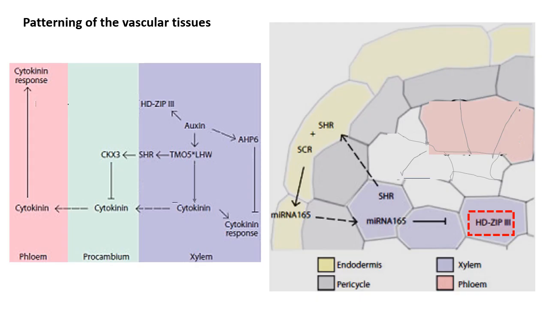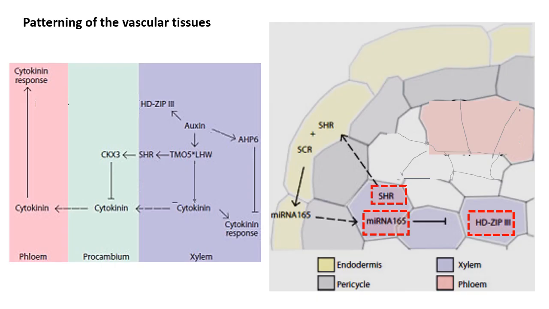The activity domains of HD-ZIP3 transcription factors in the roots are regulated through the activity of microRNA 165, where microRNA 165 moves from its site of synthesis in the endodermis to restrict the HD-ZIP3 transcription factor, as shown in the figure, to the central stele.